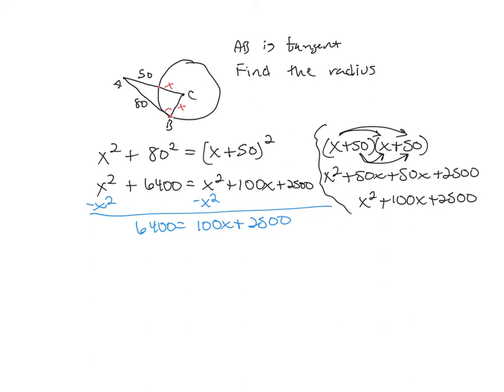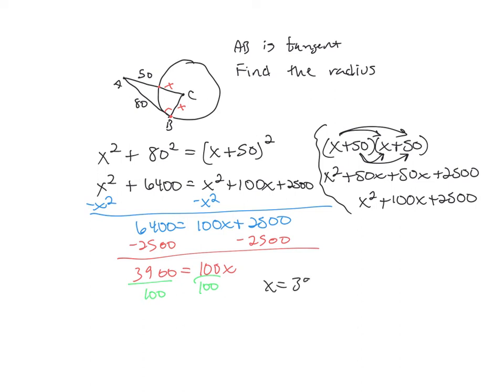So hopefully you can get through to that point to where it's going to be much easier to handle. And divide by 100, and x equals 39.